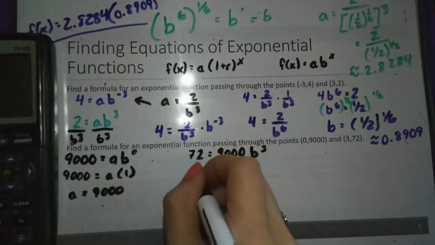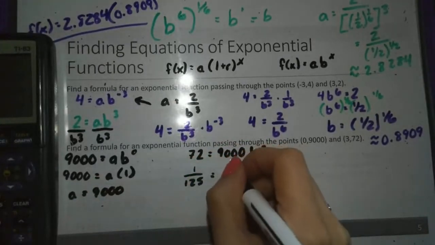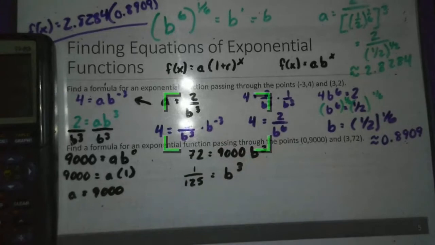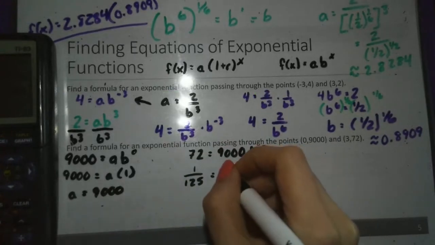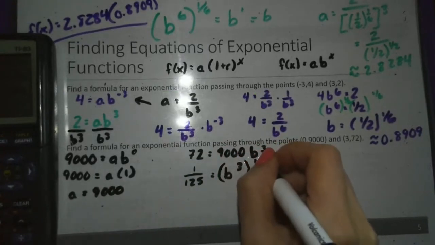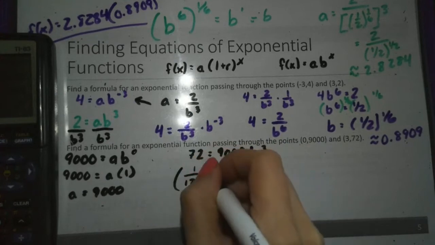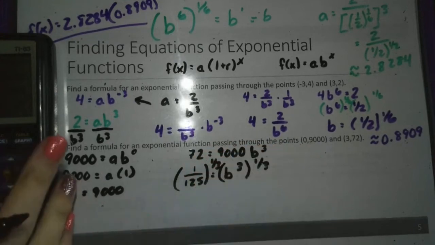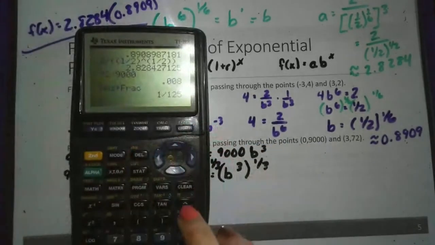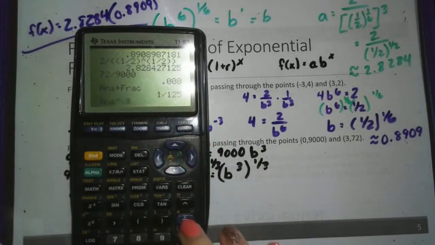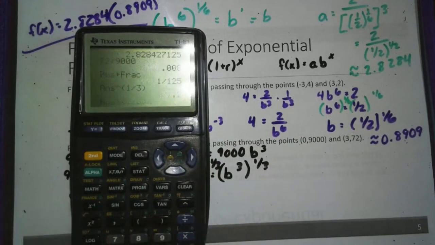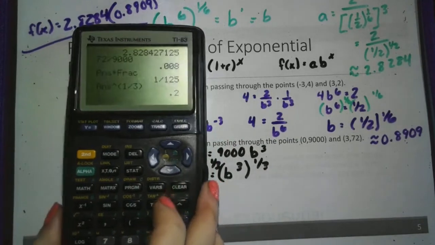So I get 1 over 125 is equal to b cubed. So to get b by itself, I'm going to raise both sides to the 1/3 power. And the great thing about this calculator is I can say raise it, and it's going to take what I wrote last, and I want to raise it to the 1/3 power, and I get b equals 0.2.